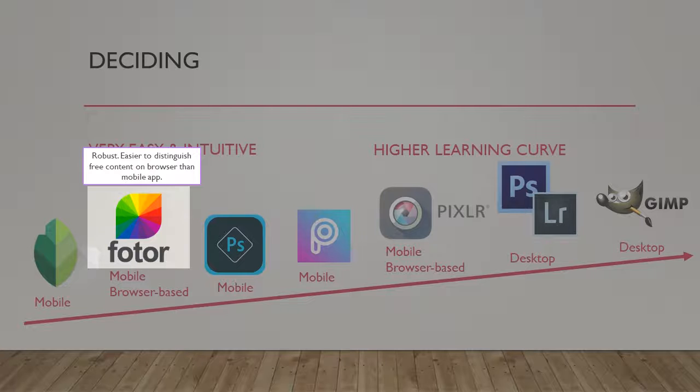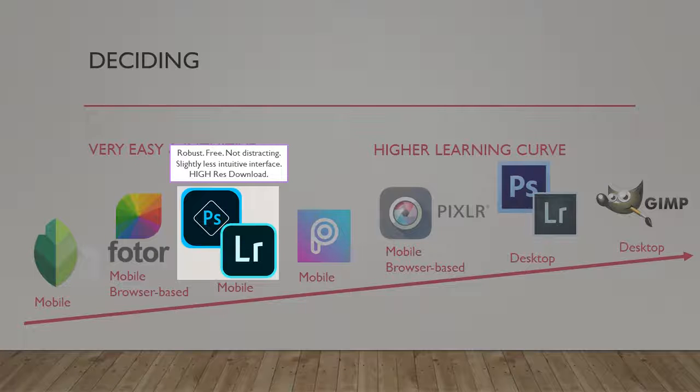Here we have Photoshop and Lightroom made specifically for mobile devices. You'll see over on the right hand side, I'll talk about Photoshop and Lightroom. This is the mobile only version of that. I will speak to both of these. They're both very robust because they are Adobe products. They're free.